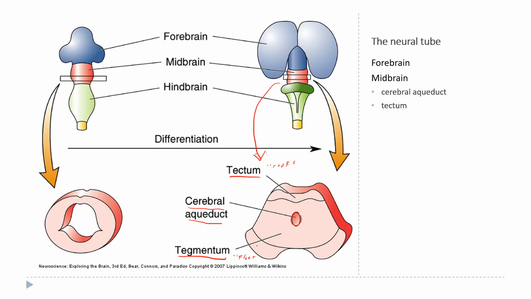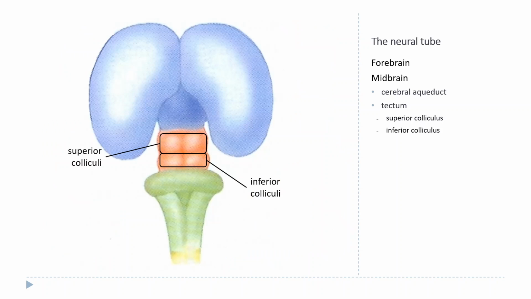So these two regions eventually grow into somewhat larger, more complicated structures. The tectum, which remember is the dorsal surface of the midbrain, eventually grows, and these four bumps start to grow on the top. The two bumps that are more anterior or above the other two, we call the superior colliculi.